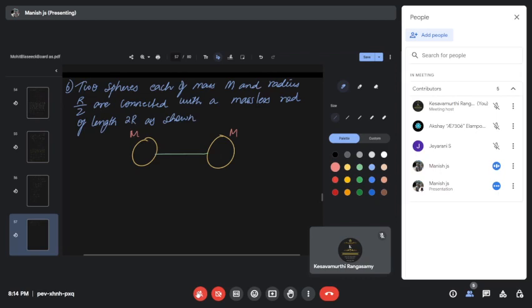So the length with respect to their centers is given as 2r, and the sphere's radius is r upon 2. That's the radius value. This is the given data.